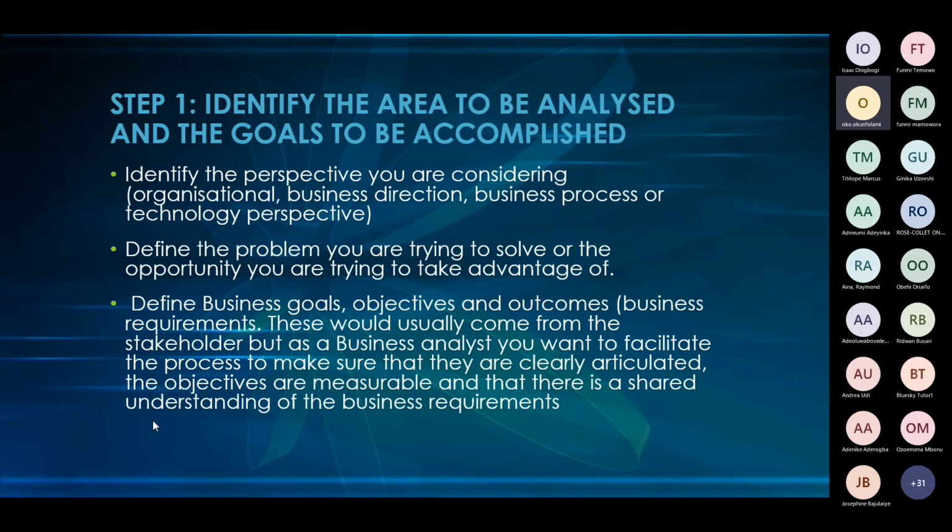Now, your business goals, objectives, and outcomes are usually given by your stakeholders or your product owners, or whatever name they are designated by. But as a business analyst, you are meant to facilitate the process, and make sure that they are clearly articulated and the objectives are measurable, and that there's a shared understanding of the business requirements.